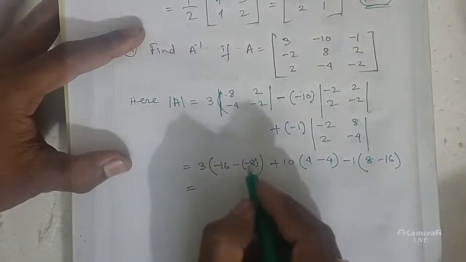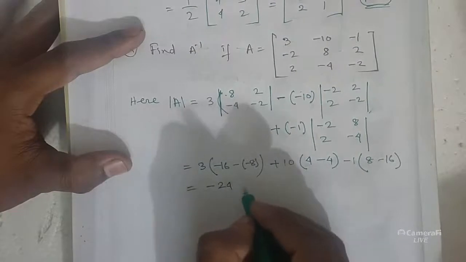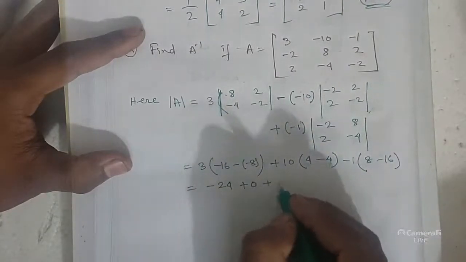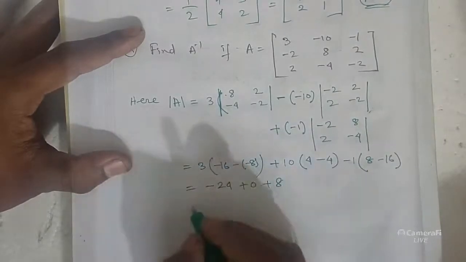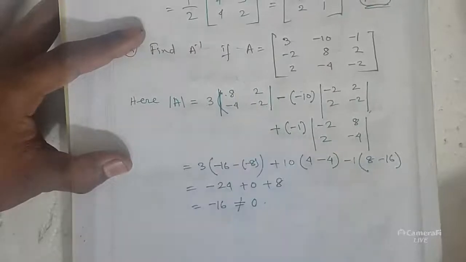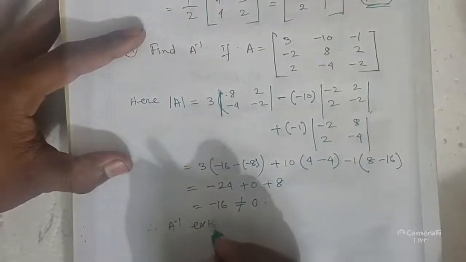So that means here it is coming minus 8 into 3 minus 24, plus 0 and plus 8. That means minus 16, which is not equal to 0. So A inverse, therefore A inverse exists.